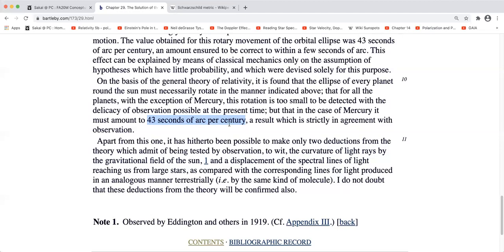All right, so this is a pretty tiny fraction of a degree. If you want to cast this in terms of degrees, you would take 43 and divide by 3,600, and that would be the amount of degrees by which the orbital trajectory of Mercury rotates about the sun per century due to just general relativity.